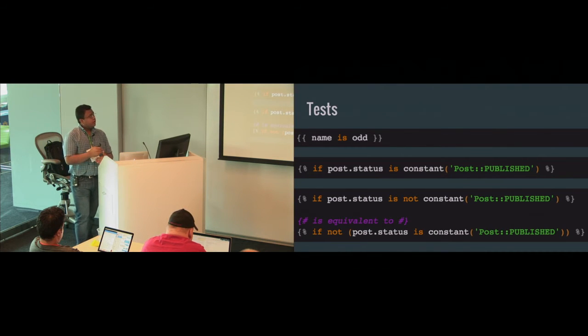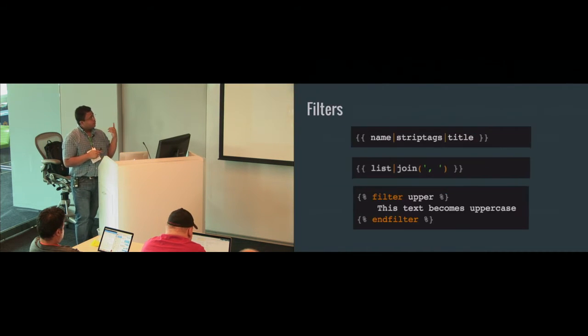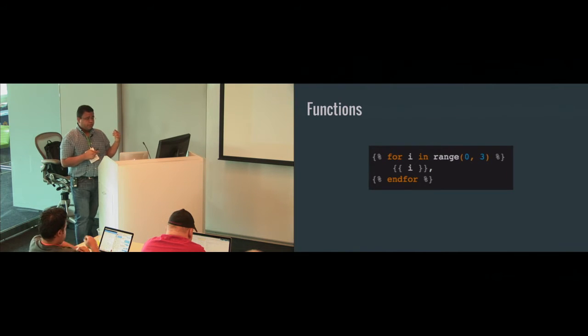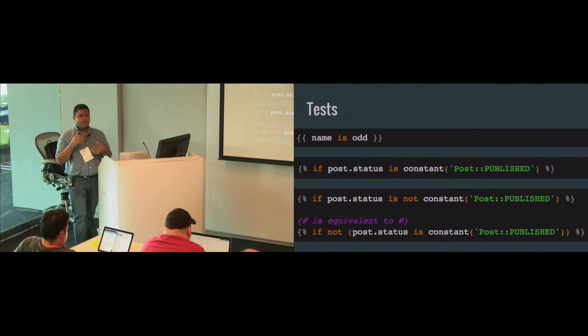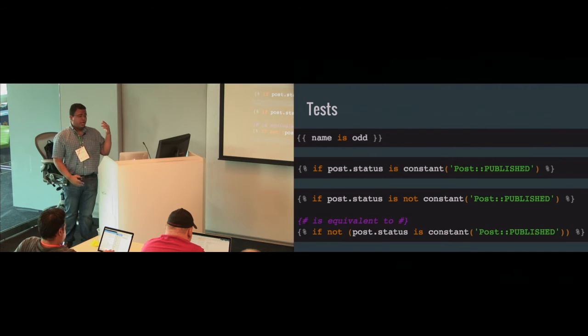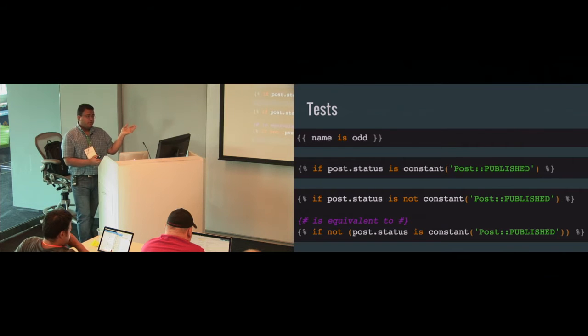Both filters and functions return a value. It can be a string, it can be a number, it can be an array, it can be something. A test just returns true or false. It's a Boolean output. So that is the difference. And it is mostly useful for if statements, but it has other uses too.